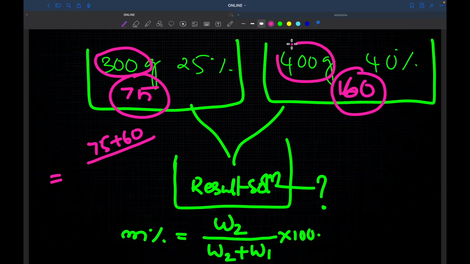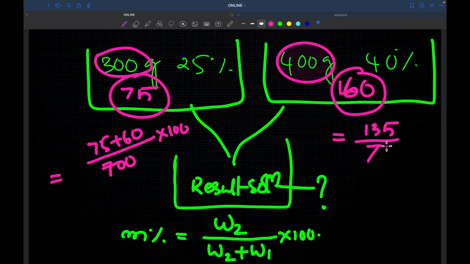What is the mass of the second solution? 400 grams. Total 700, multiplied by 100, right? So 75 plus 60... Oh, 75 plus 160, right? Oh, I put 160 for one, sorry. Add up the total and tell me.